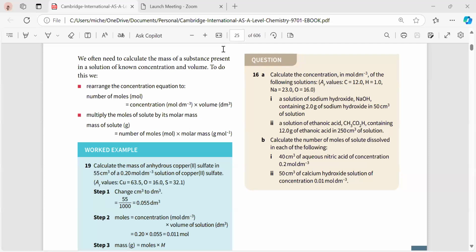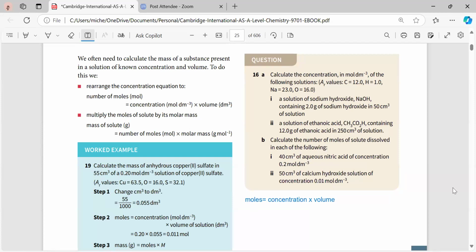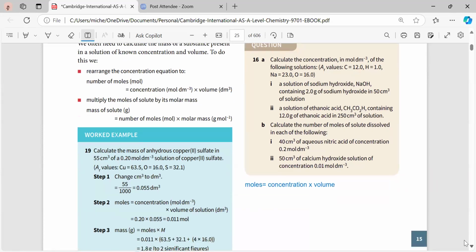Moles would be concentration times the volume. So this is the formula to find moles.